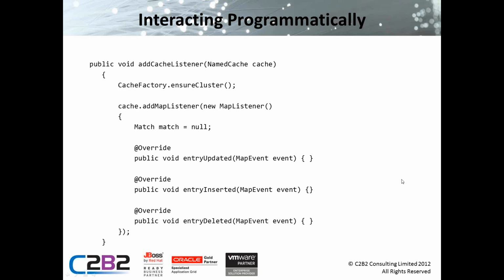So every time an entry gets created, an entry inserted event will be fired, and you can write some code to handle that and do some sort of processing. So that has been a very brief overview of some of the things that you can do in Coherence.